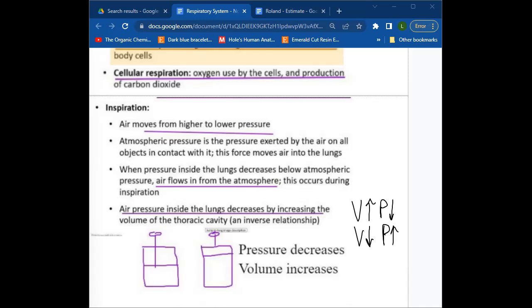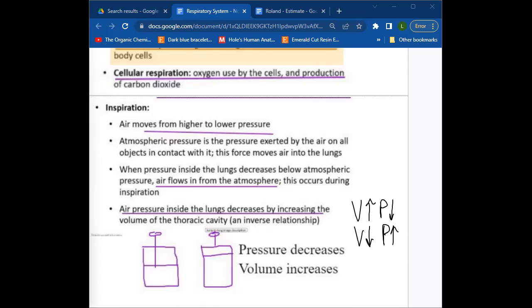You could almost think about how, if you have a very tiny room, but you try to put a lot of people in there, the pressure between the people is going to be really high. So that's how a small volume results in a high pressure.